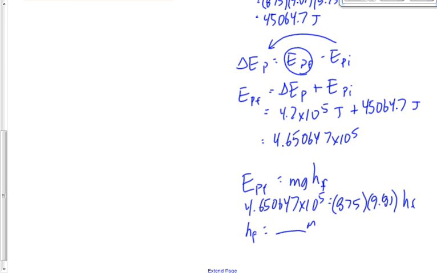Good. I don't know what that works out to be, but that's a pretty easy calculation at this point, right? Let's take these over by dividing, and we get it, right?